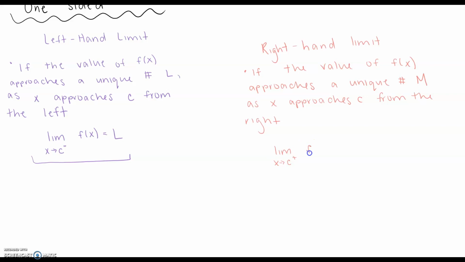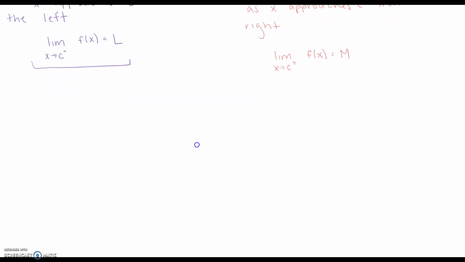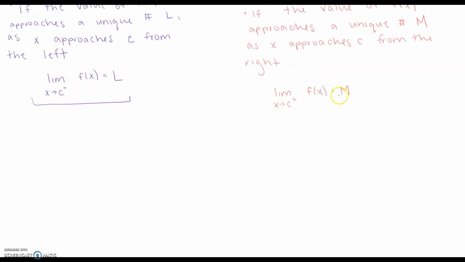And then it's still of f of x, and we said it's approaching M. And then that's our sentence. So the limit at C exists, which is what we've been doing, if L and M are equal.